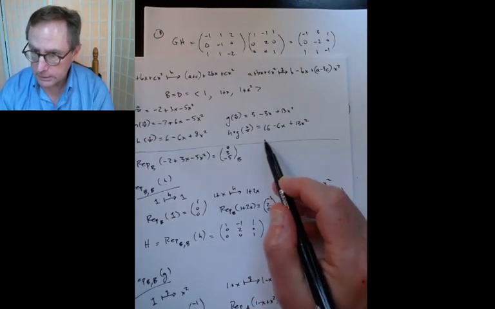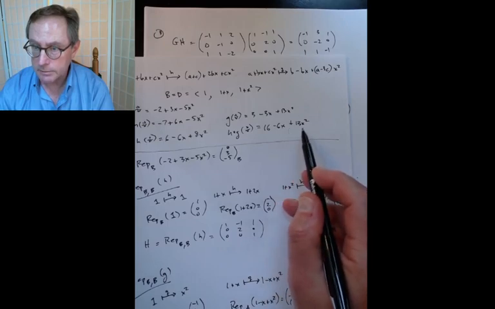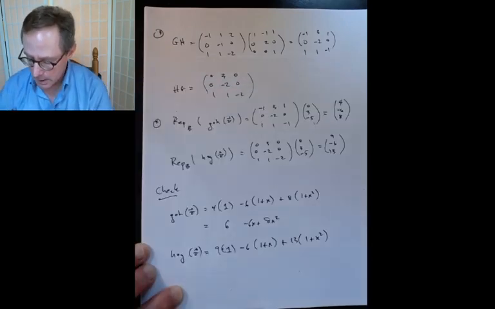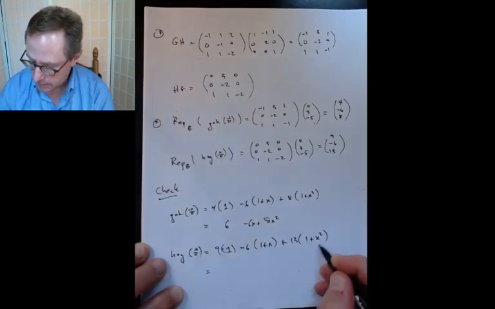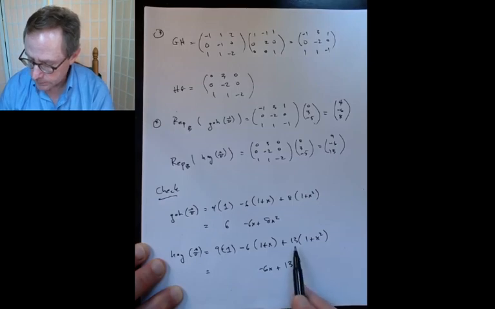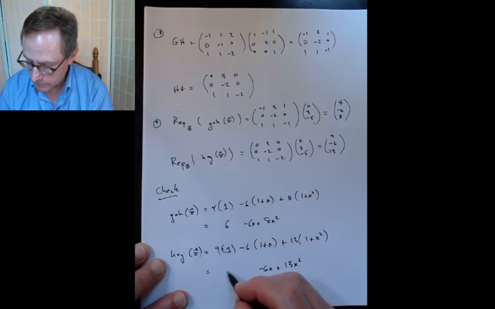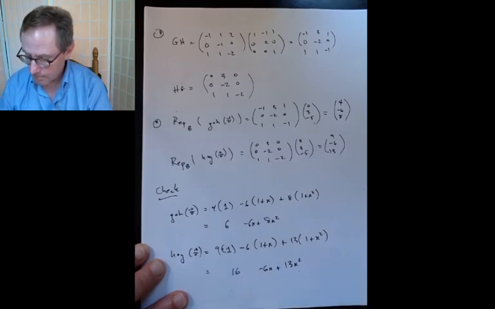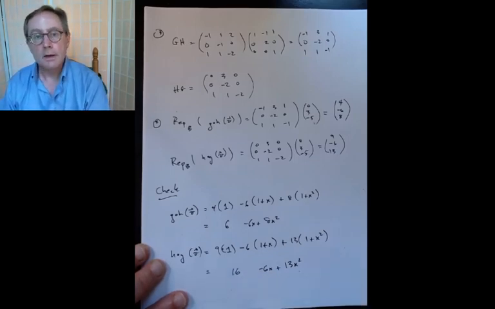I'm supposed to get 16 minus 6x plus 13x squared. All right, well, the suspense is killing me. Let's see. So I see the 13x squared. I see the minus 6x. And the constant term is 13 minus 6 plus 9. So I get a 16. So yeah, that's right.